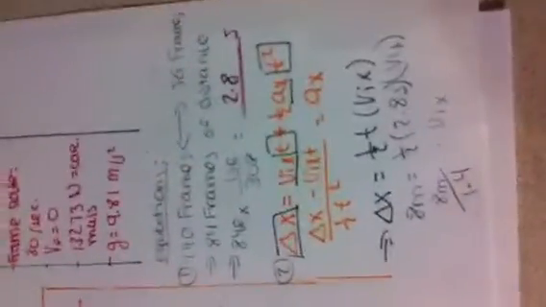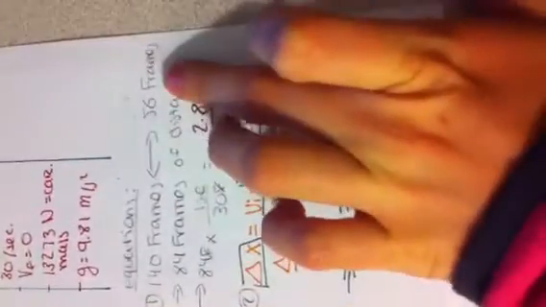So the first thing I did now was calculate the time. I calculated that the car ended at 140 frames and started at 56 frames, that's 84 frames of distance. Calculated that, I got 2.8 seconds. Now, in order for me to find acceleration, I'm eventually going to need to use this equation. I have the displacement, I have the time, I don't have the v initial x, which I'm going to have to find.